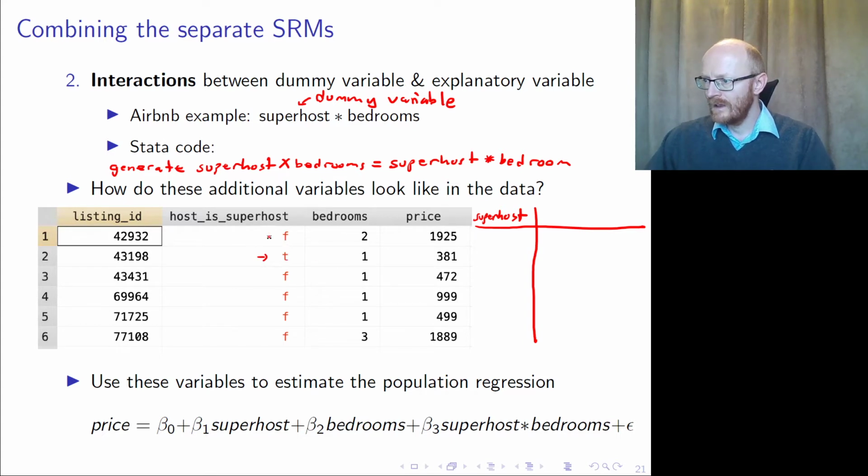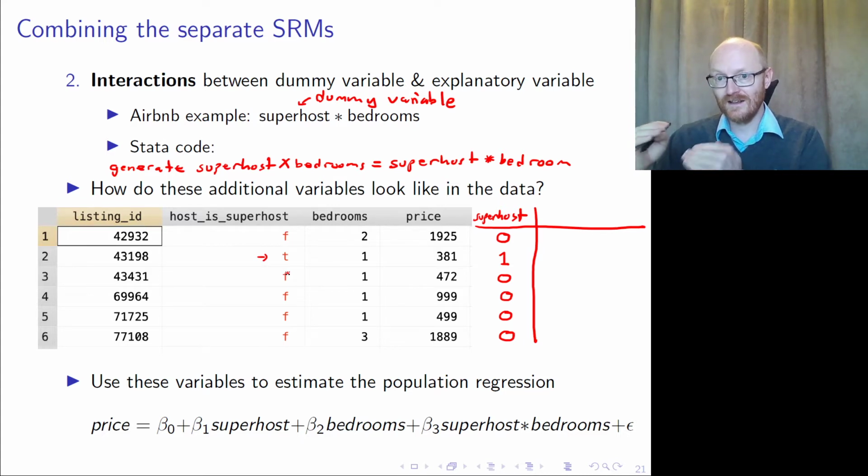Here we have a false, which becomes 0, and true becomes 1. False is 0, false is 0, false is 0, because here you can see that we only have one superhost in this slice of the data. The rest is 0.